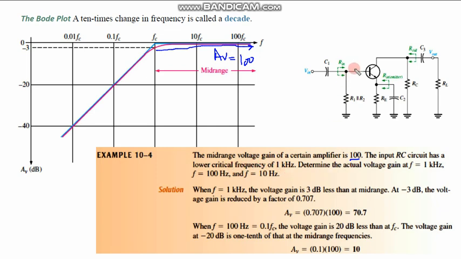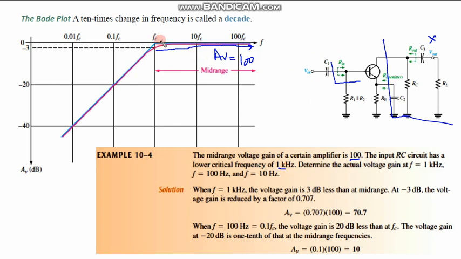So the input RC circuit is this one. For simplicity we can ignore this part. For the input RC circuit, the critical frequency occurs at 1 kilohertz.